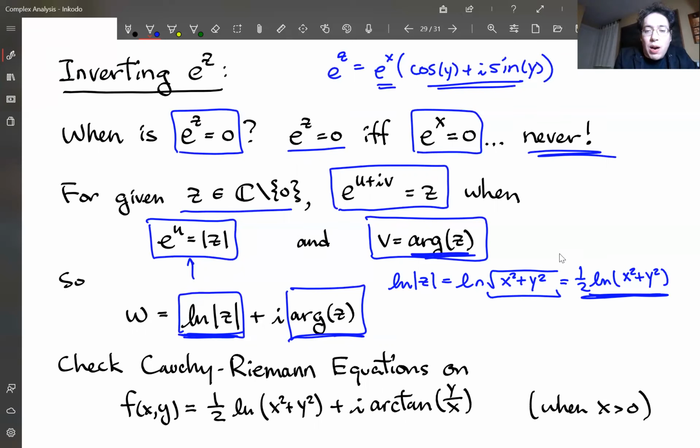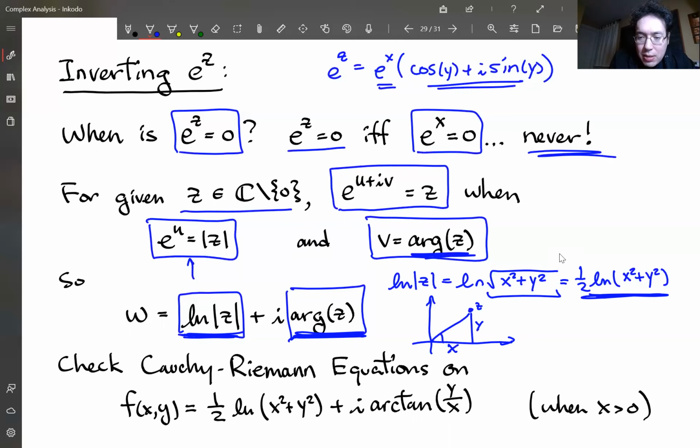And as far as the argument goes, there are a few different ways to represent this function. We just have to use trig. Pick any point z, where x is the horizontal coordinate and y is the vertical coordinate.